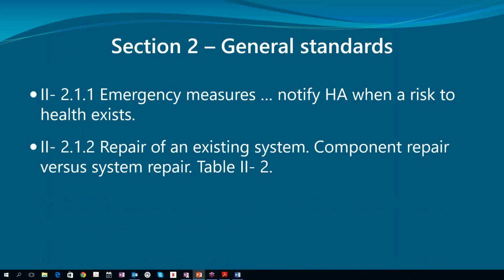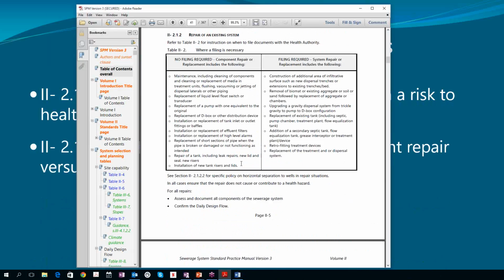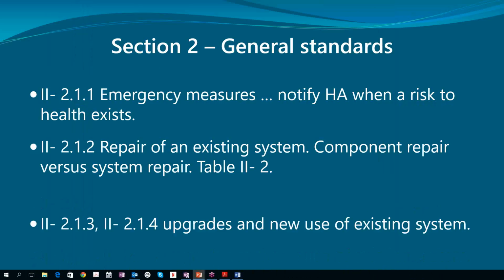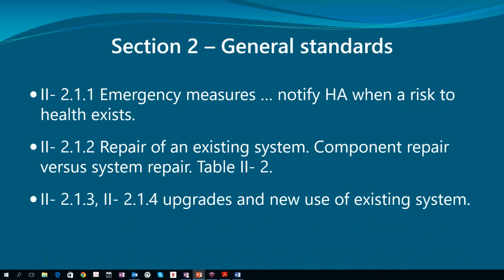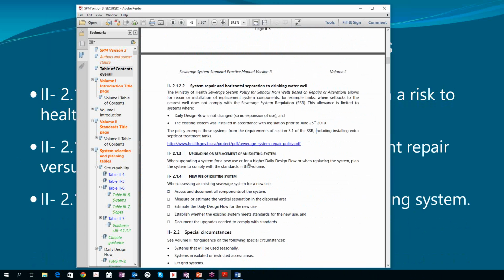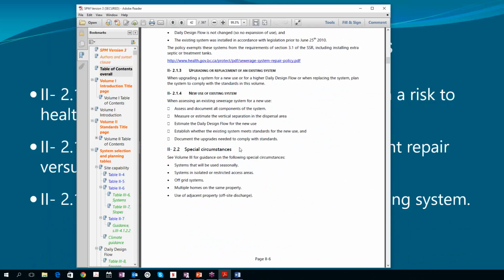And we had component repair versus system repair in that table. We've been there a number of times. And there we go, upgrades and new use of an existing system. So when doing that, it should comply with the standards in this volume.